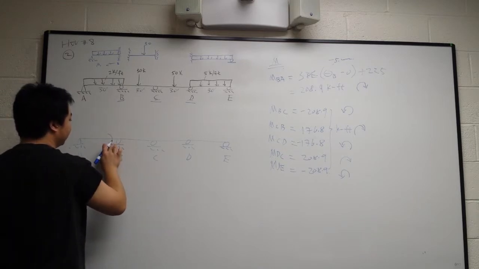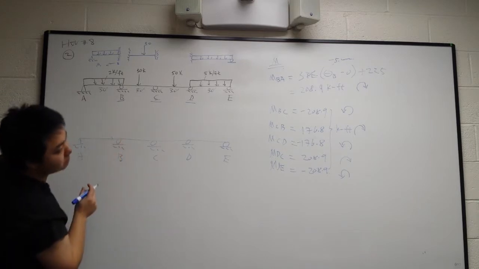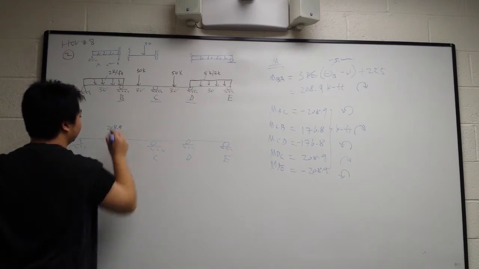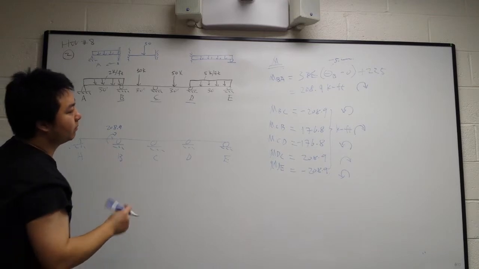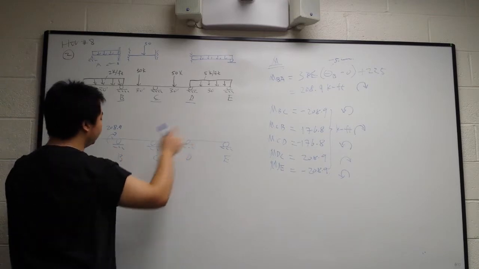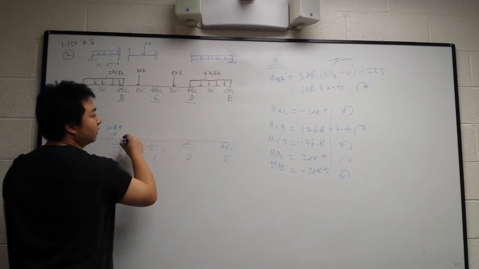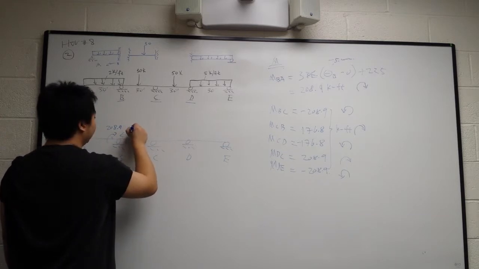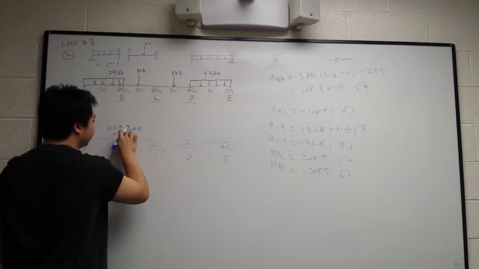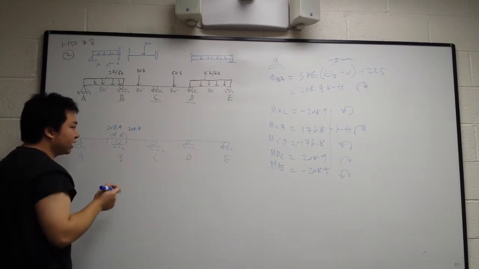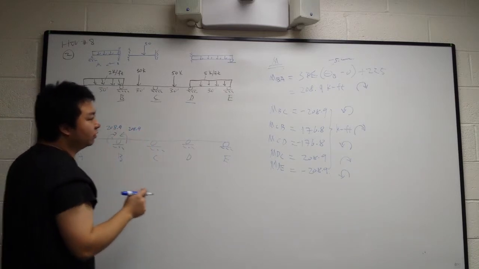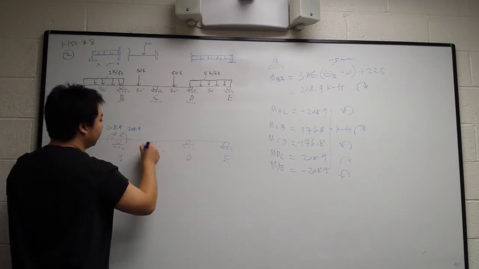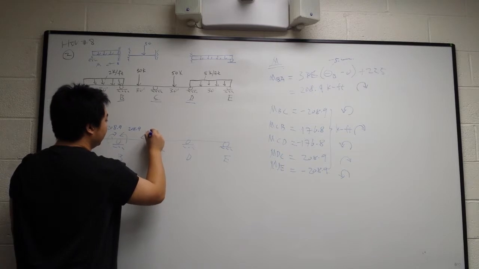So for this one, 208.9. And you're going to have BC counterclockwise. If you put counterclockwise, you don't put negative, just the number. So CB counterclockwise, 208.9.